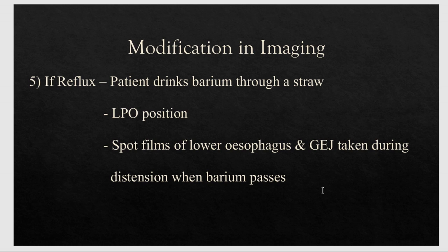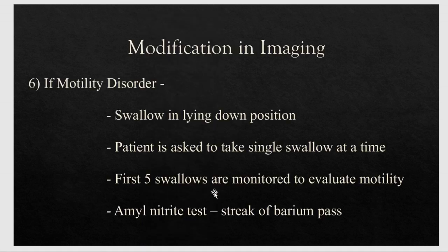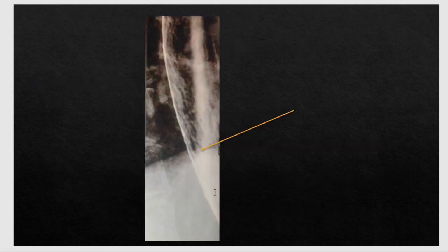It is taken during distension of this site when barium passes through it. And this is usually the picture we get in GORD. Not very clear, but yes, the reflux is there.